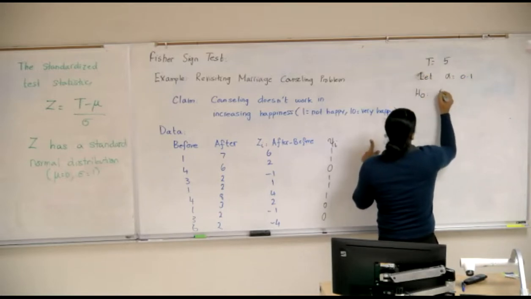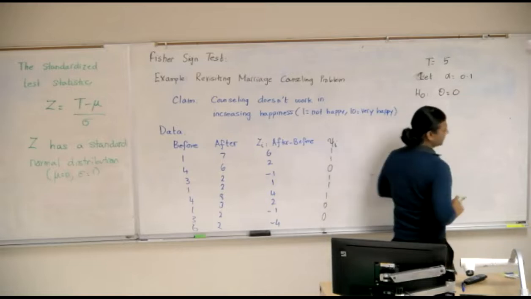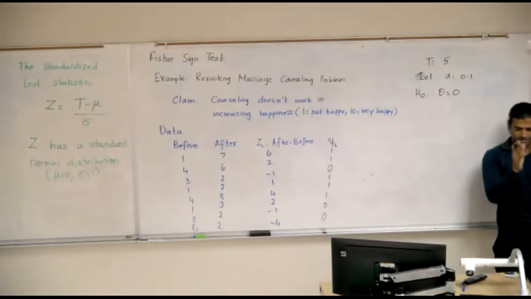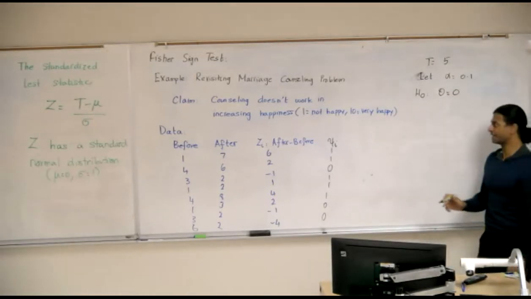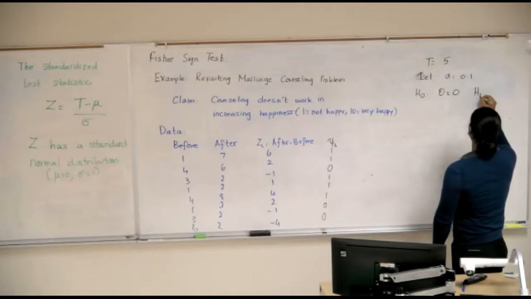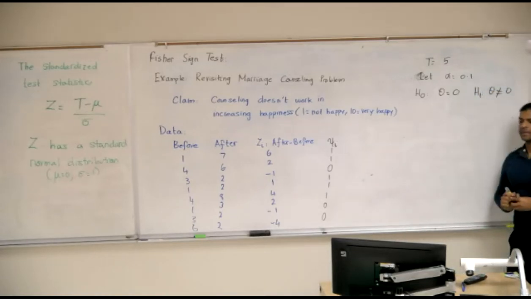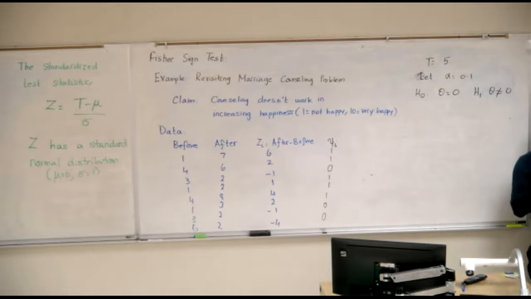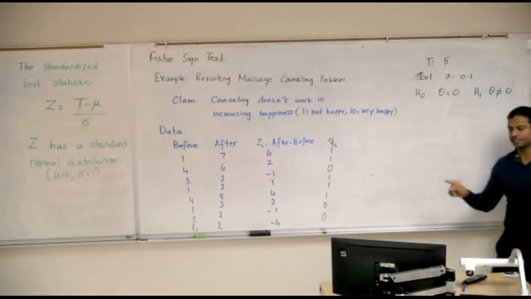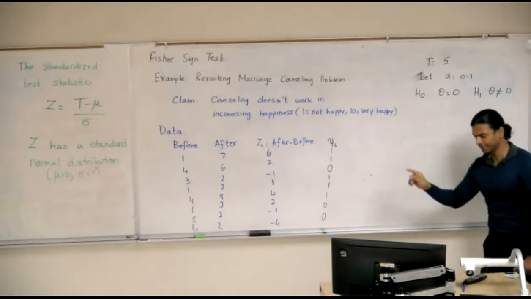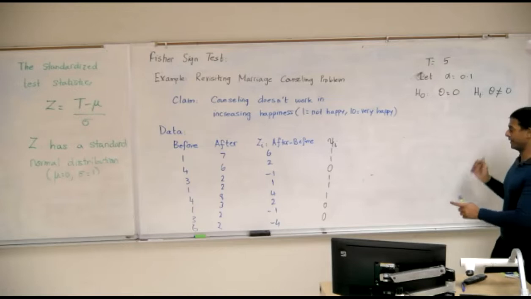So we are performing a two-tailed test. The null is that the location is in the middle, no difference at all. The alternative is that this is not the case, not equal to 0. Since this is a two-tailed test, we have a rejection region on the right, and we'll have one on the left.